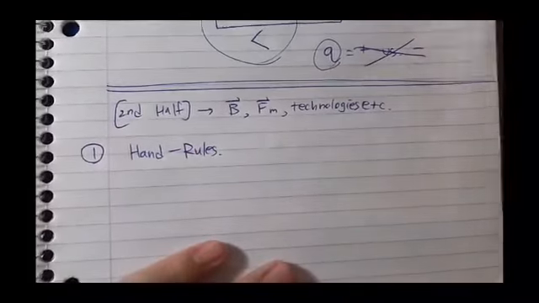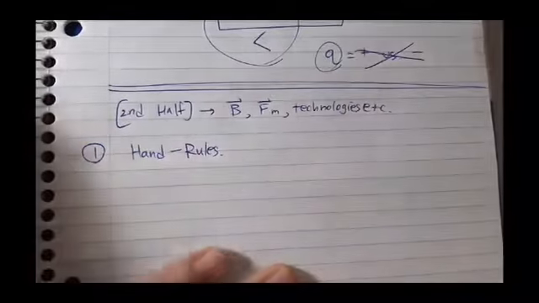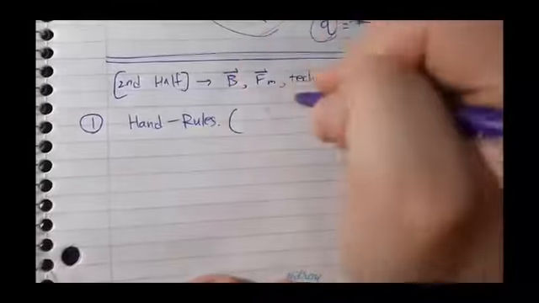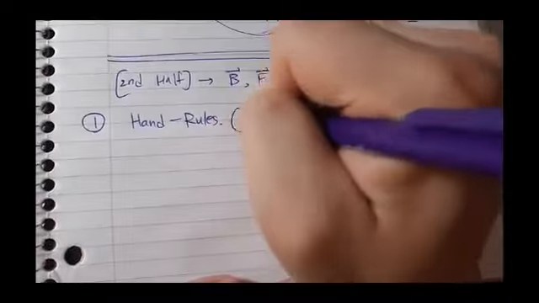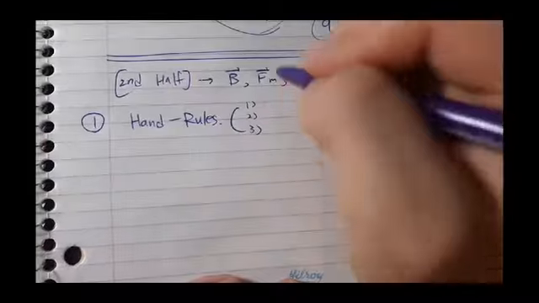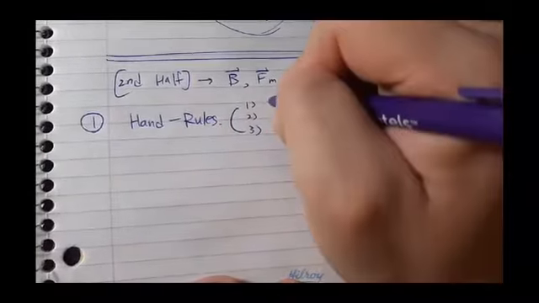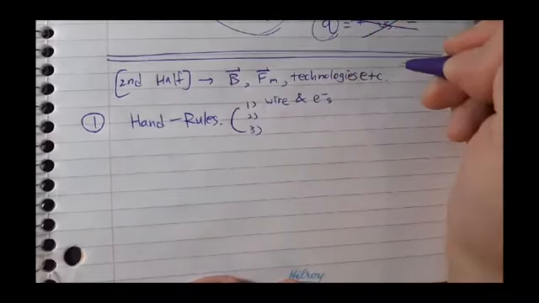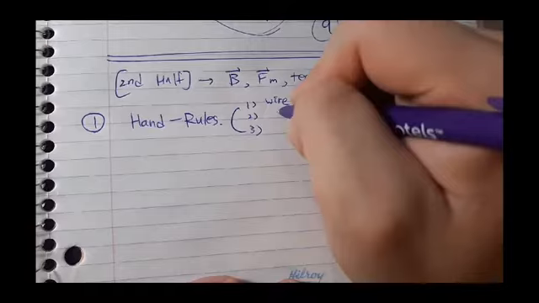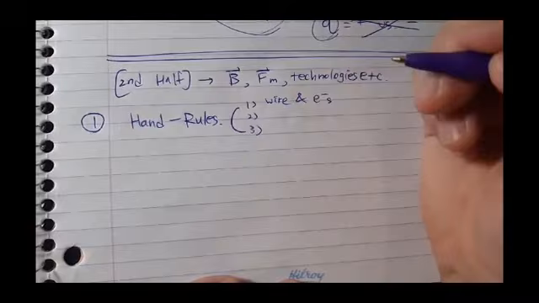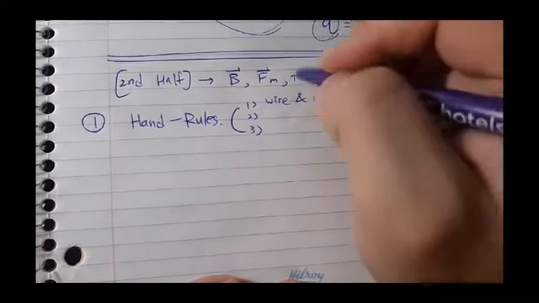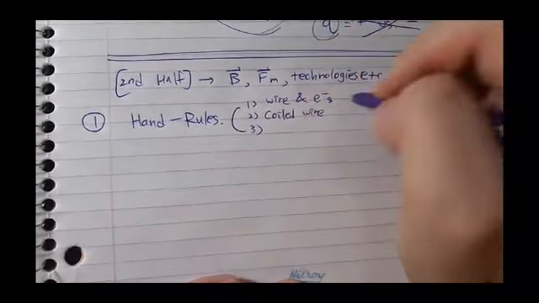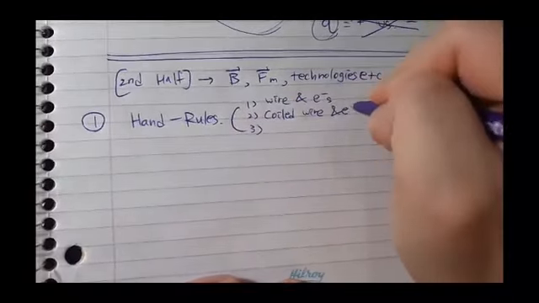And these hand rules, ladies and gentlemen, definitely involve magnetic field a lot. There are 3 different situations. The first one involves a current carrying wire and electrons. The second one I want to point out is a coil of wire and electrons.